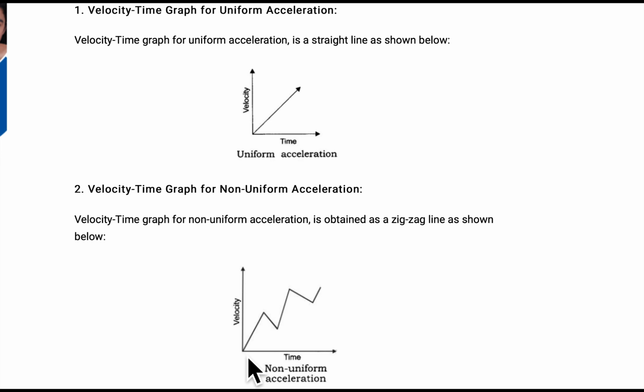First it is increasing, then it is decreasing, then it is increasing, then decreasing, then increasing. So this zigzag graph line shows non-uniform acceleration. This straight line indicates uniform acceleration and this line indicates non-uniform acceleration.